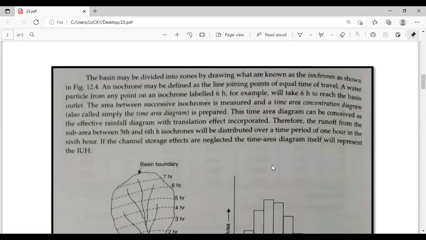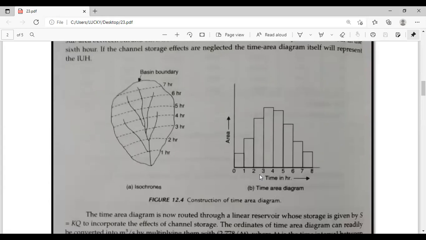Therefore, the runoff from the sub-area between the fifth hour and sixth hour isochrones will be distributed over a time period of 1 hour in the sixth hour. If the channel storage effects are neglected, the time-area diagram itself will represent the instantaneous unit hydrograph.